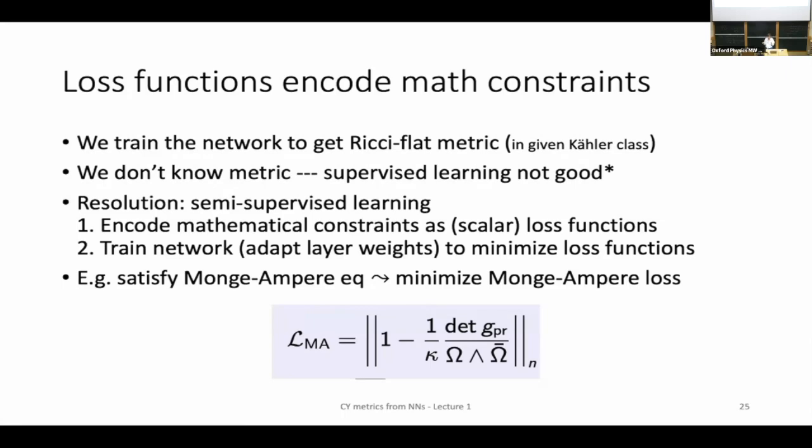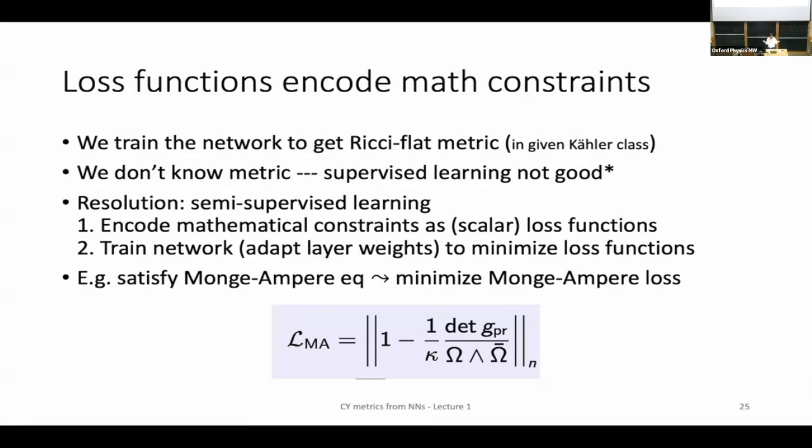So what we have here is just a function that computes the difference between the volume form that the predicted metric is giving you, the thing that the neural network predicts, and compares that to omega wedge omega bar, which is this volume form that we know or knew in James's lecture.